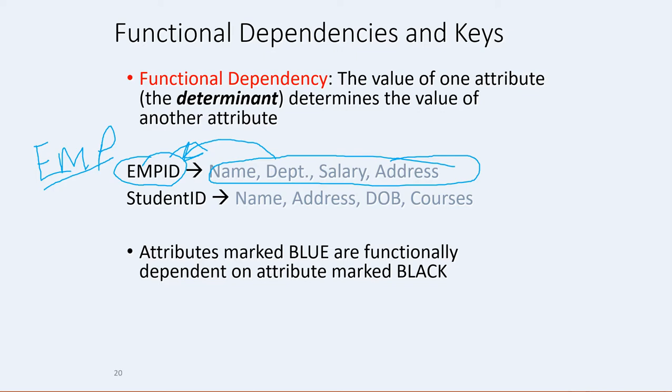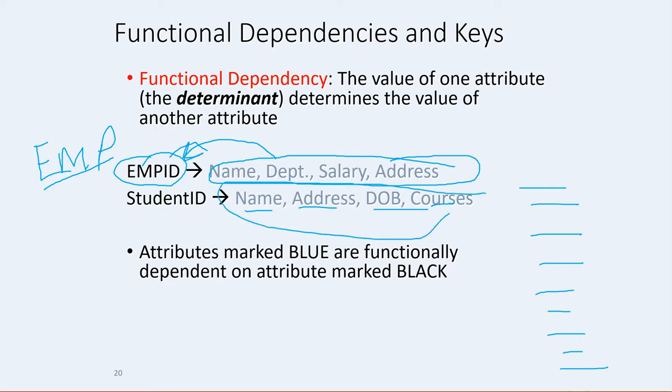Same thing with students. Each student in my class, if I ask their name, address, date of birth, I'm entering multiple lines of records, say 25, as I have 24 students in this class. How do I differentiate each row of student data? All these records are determined by student ID, because each row of data is different depending on student ID.